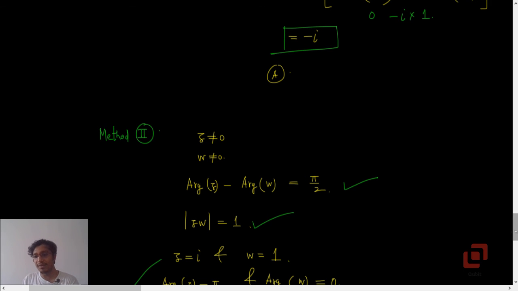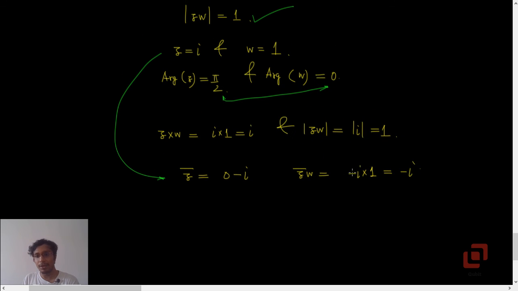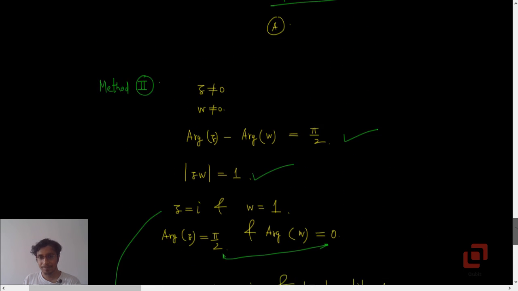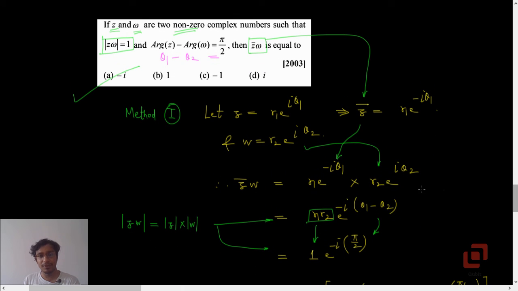First method is what is expected, but you can also take the help of the options. Well, in this problem what we actually did is, if this result is true for any two complex numbers Z and W satisfying the requirements, it must be true for the example that we pick.